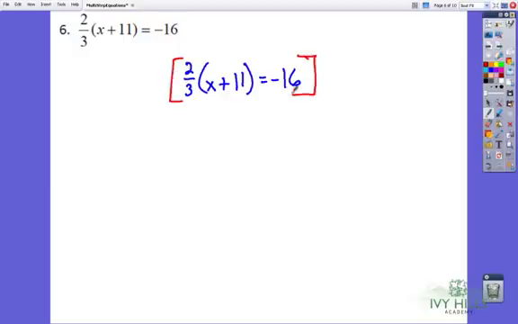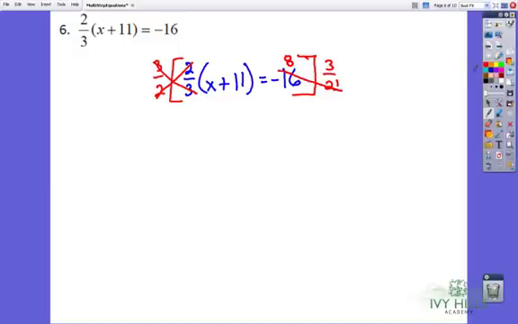So what I'll do is multiply the left-hand side by 3/2, and as you can see, those will cross-cancel. I'll multiply the right-hand side by 3/2, and in this cross-cancellation, 2 goes into both 2 and 16, so this would become an 8, and the 2 would simply become a 1.